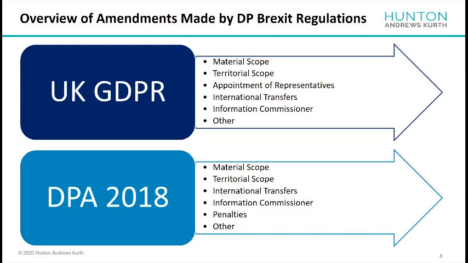In relation to penalties, the change here is to convert the upper penalty amounts into UK currency, so into sterling. So the upper limit for the higher maximum amount is 17.5 million sterling and 8.7 million for the standard fine. This is just a straight conversion.